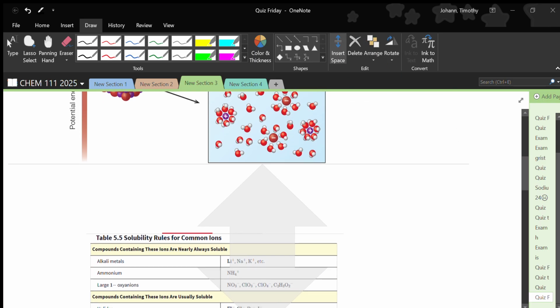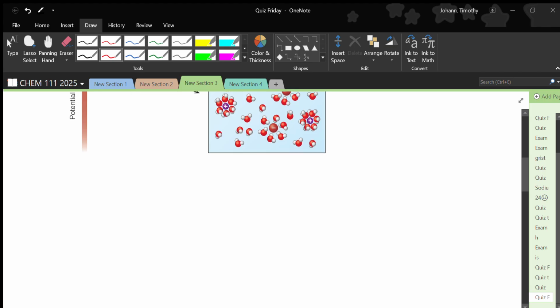And so when we think about things dissolving in water, we talked about two types of equations that we are going to expand on when we talk about precipitation reactions. So here we have our sodium bromide that starts as a solid, and it dissolves into water, and we can express that as sodium bromide aqueous, and that would be our molecular equation.